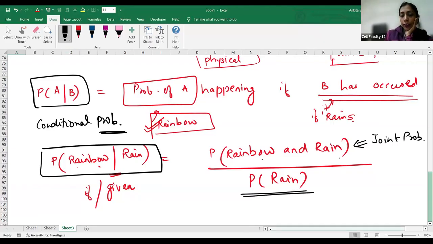And this probability of rain, which is not dependent on anything, is known as independent probability. So this is conditional, this is joint, and this is independent.